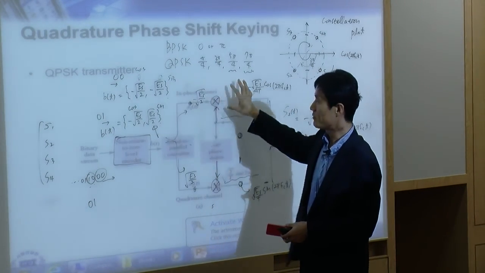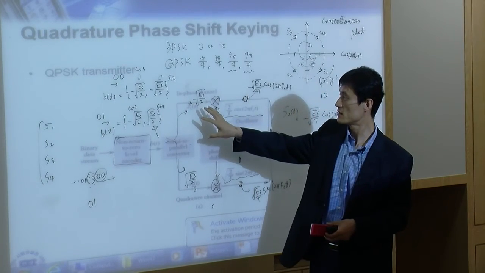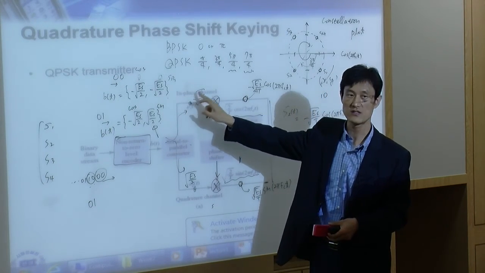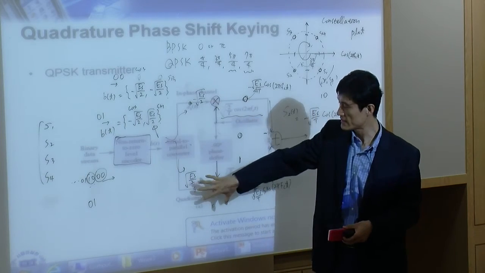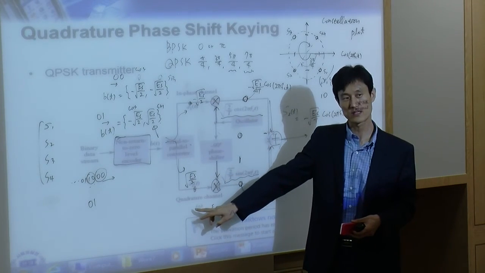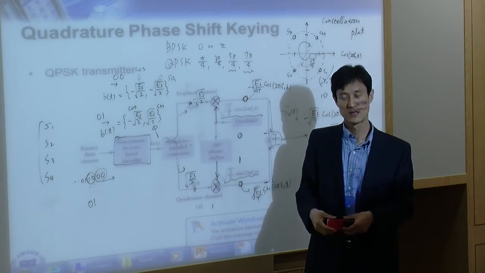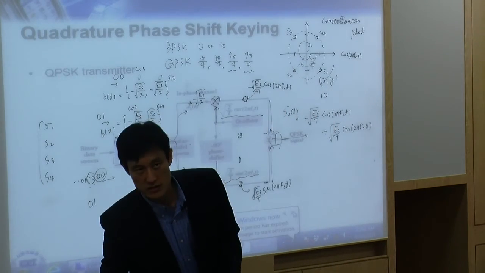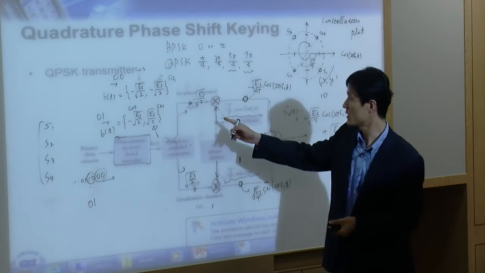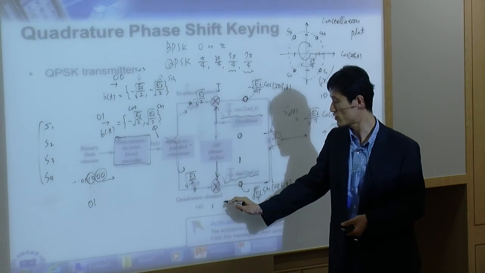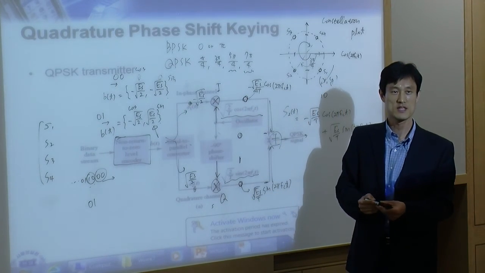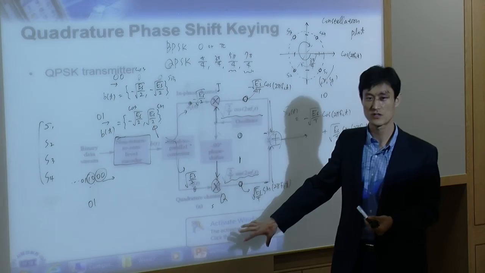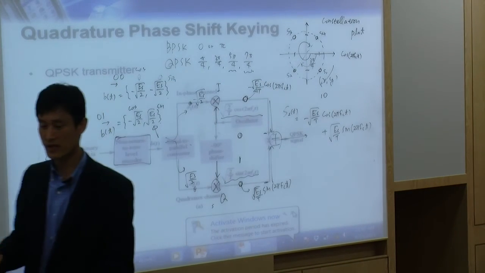This cosine component we call the in-phase channel. The sine component we call the quadrature channel. A lot of people simply call this the I channel and this the Q channel. I means in-phase channel, Q means quadrature-phase channel. So we simply call them the I and Q channel.